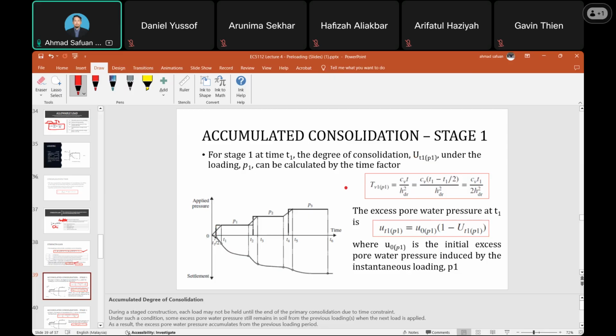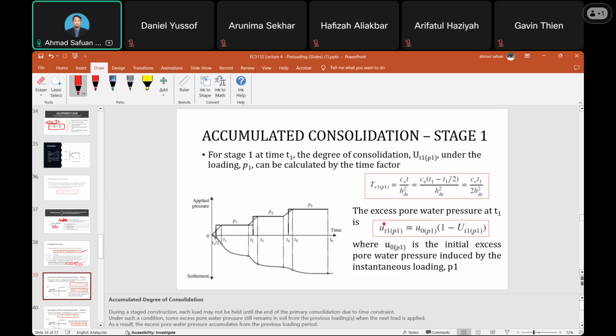Okay, so the excess pore water pressure at the time is, okay, so to get the excess pore water pressure, we may use the pore water pressure times the height. Later on we will look at the example.